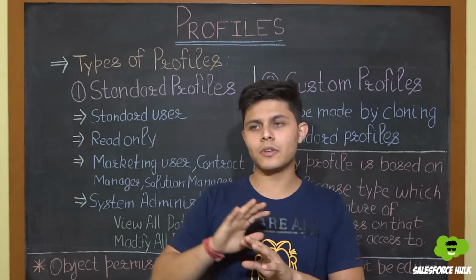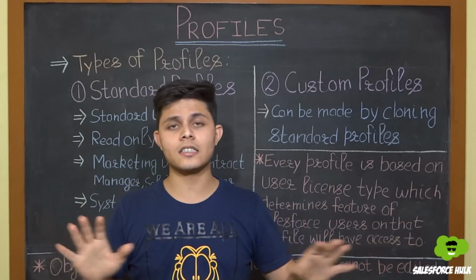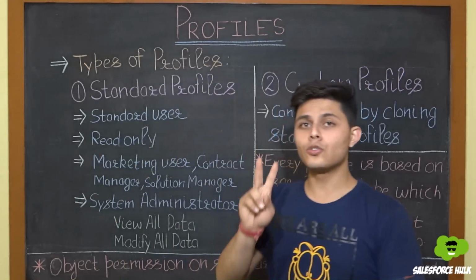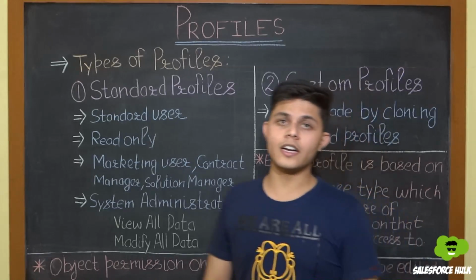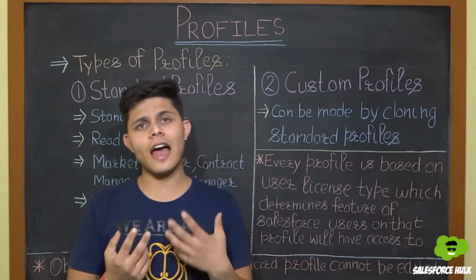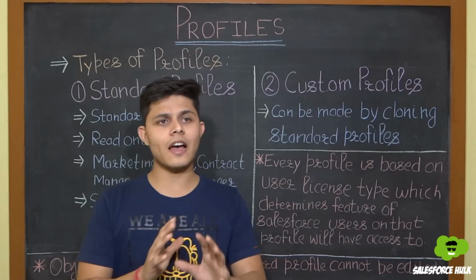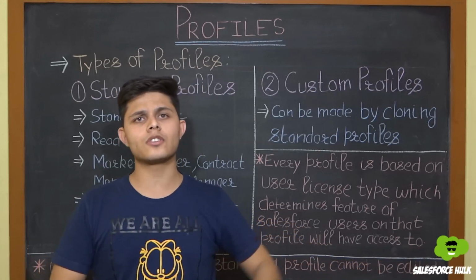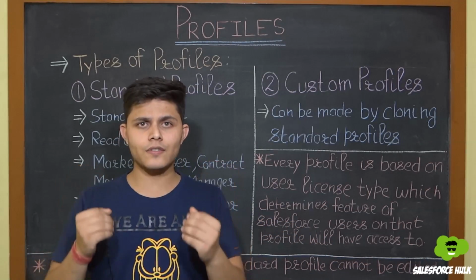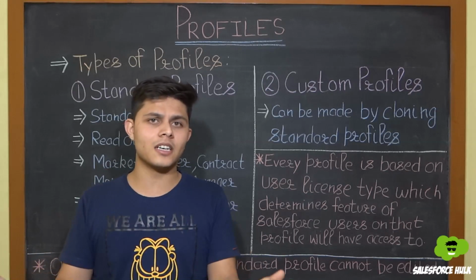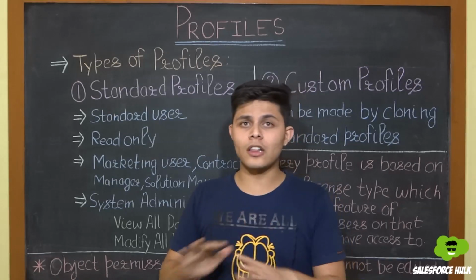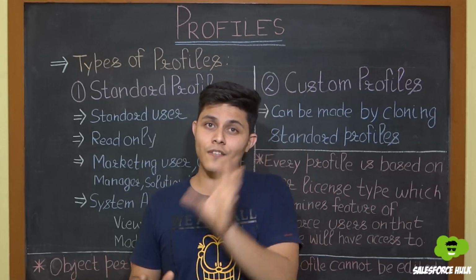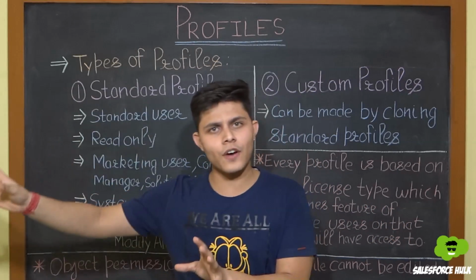They can customize all the things, and they have all the data access, and that is because of two special permissions, which are view all data and modify all data. These two permissions give access to all the things present in Salesforce. View all data gives the access of viewing all the data present in Salesforce, and modify all data gives the access of modifying all the data present in Salesforce. This is different from view all and modify all.